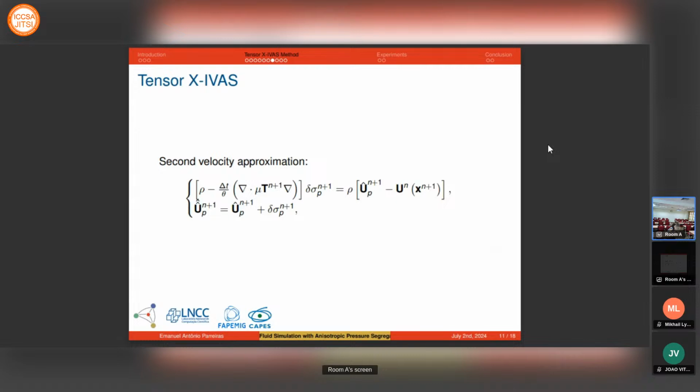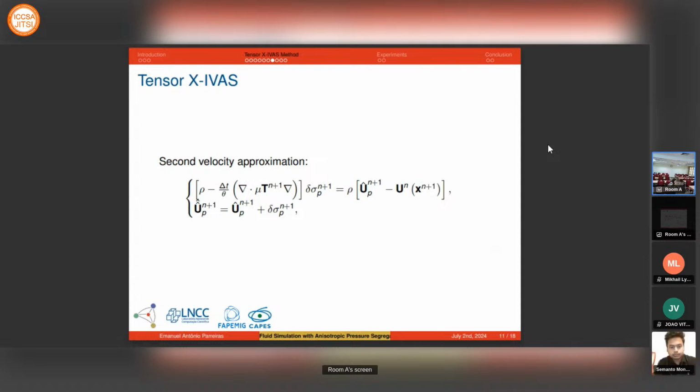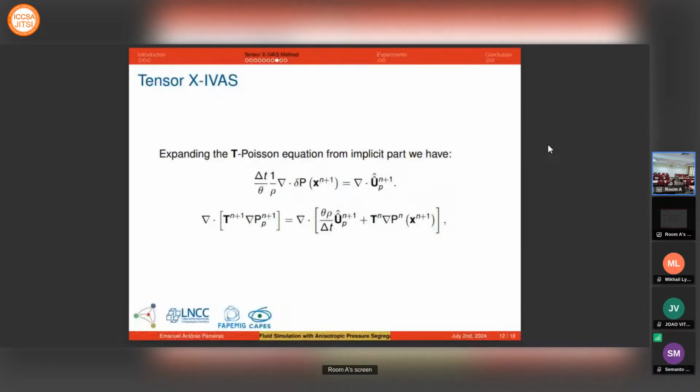So the only unknown is delta sigma. Then we can calculate the second velocity approximation, u double hat, through the first velocity approximation plus the delta sigma we already calculated in this step.